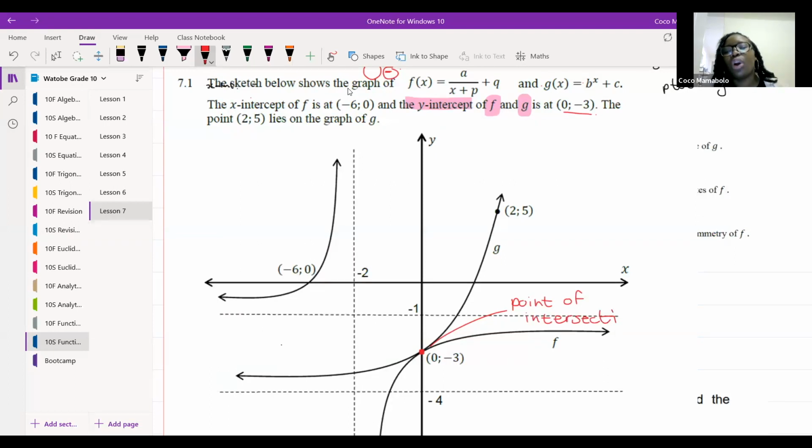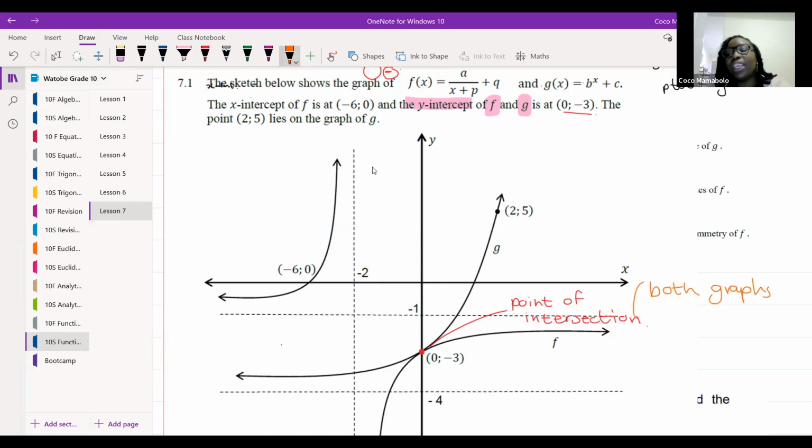But we also know something about the point of intersection. Who can remind me? What do we know about our two graphs at that point? You're correct that x is equal to 0, because they're both y-intercepts. But at the point of intersection, both graphs are equal.